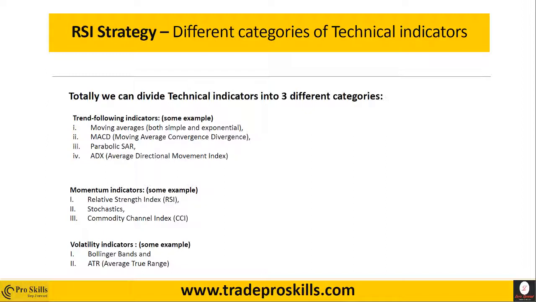The second category is momentum indicators, with examples like RSI, which we're going to talk about today, relative strength index, and stochastic, as well as commodity channel index, CCI. The third and final category is volatility indicators, with examples like Bollinger Bands and ATR, average true range.